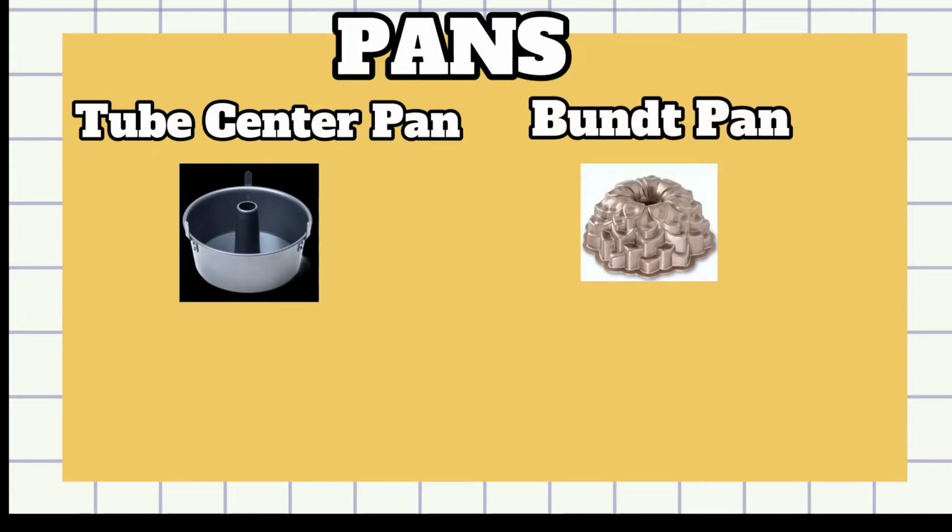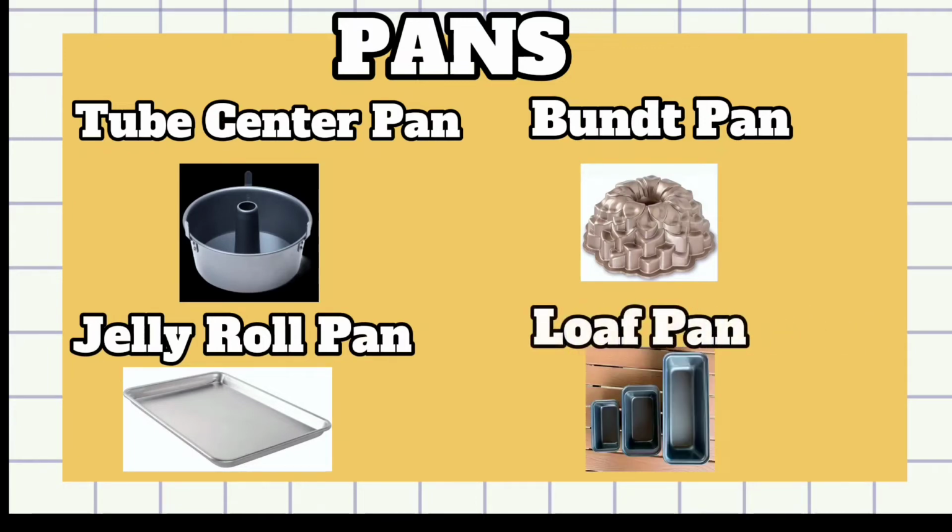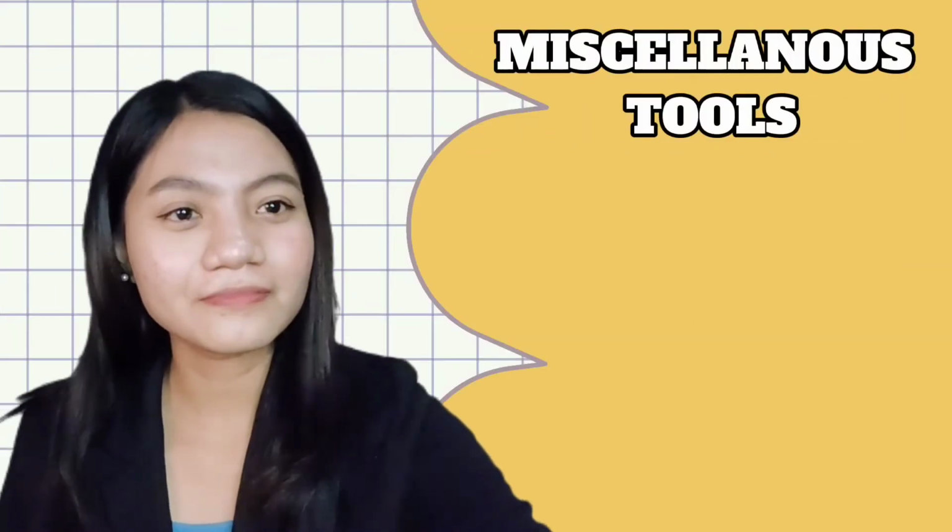Second is the band pan. It is a round pan with scalloped sides used for baking elegant and special cakes. Third is the jelly roll pan, a shallow rectangular pan used for baking rolls. Fourth is the loaf pan, a kitchen utensil in the form of a container in which bread is baked.